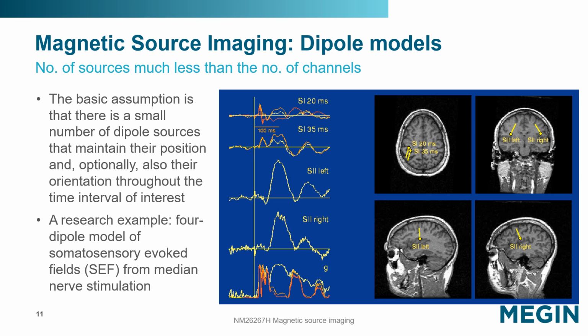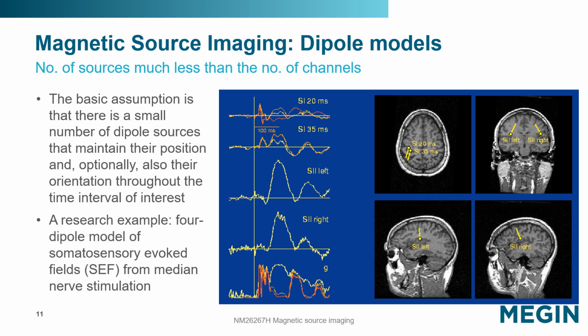A research example is presented on the right. Somatosensory evoked fields were modeled with a 4-dipole approach. First, a single dipole source was sought by fitting it at 20 milliseconds and selecting only the channels above the left somatosensory cortex S1. Then, another single dipole fit was performed at 35 milliseconds, showing a nearby location to the first dipole.